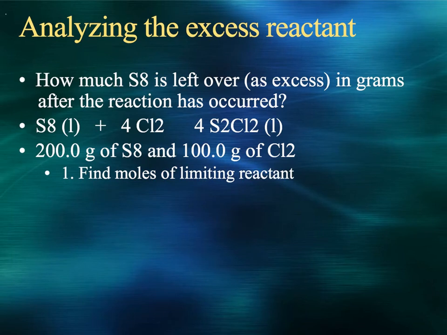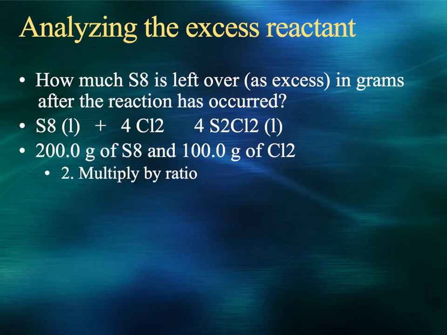So, moles of limiting reactant, that was 1.410 moles of Cl2. Multiplying by the ratio, 1.410 moles of Cl2 times, okay, this is going to be our numbers from right here. So if I'm using chlorine, it's got to be on the bottom, 4 moles of Cl2 and 1 mole of S8 on the top.